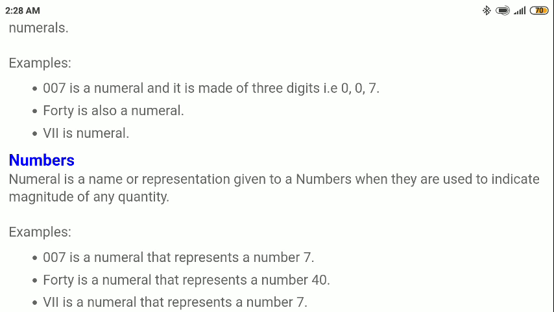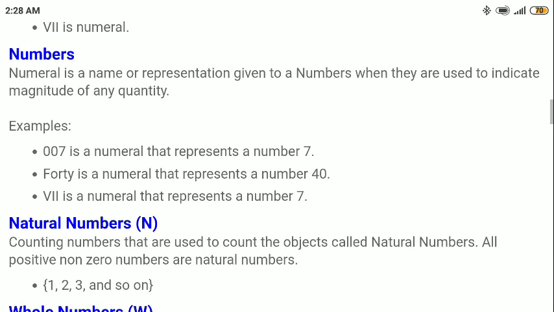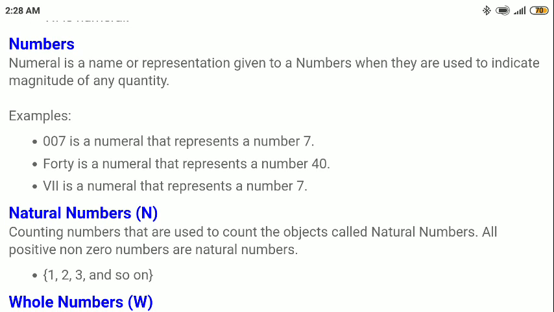So, numerals are representations of numbers. If I say 40 is a numeral, it is representing the number 40. Here, if we talk about numbers, we will say that any representation of numerals to indicate the magnitude of a quantity.